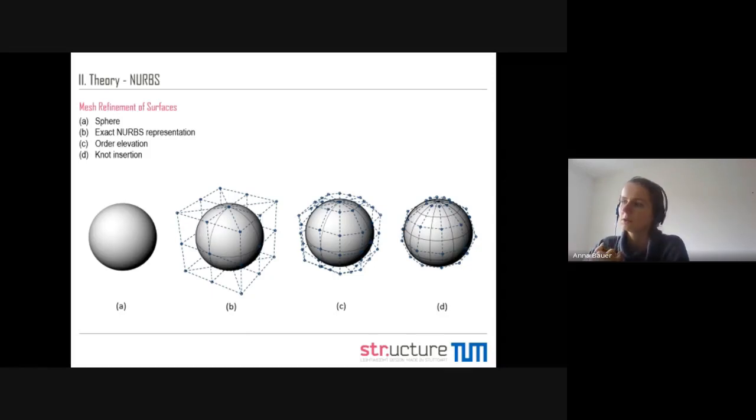So you increase the polynomial degree, also possible in Rhino with change degree, or you can insert some knots, which is also possible. And the geometry, so the surface, stays always the same. However, you have more control points to manipulate the surface afterwards, which is essential for the analysis as well in order to get enough FE nodes.